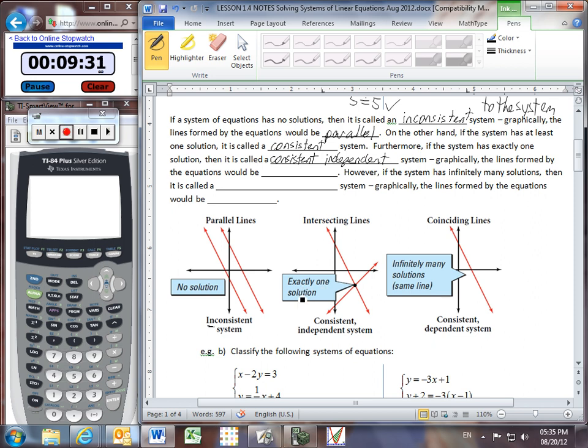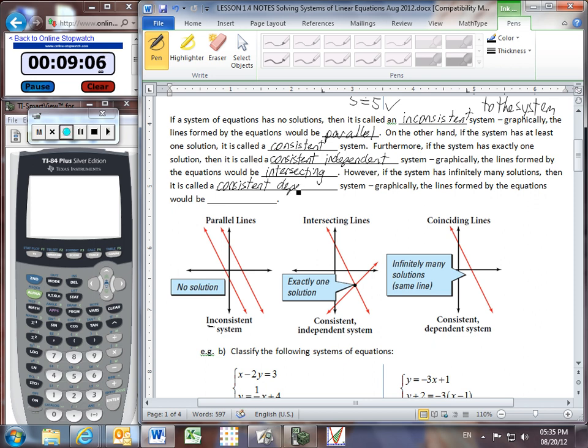And so the lines formed by the equations, we can see, are going to be intersecting. However, if the system has infinitely many solutions, then because we have at least one solution, it must be consistent. And you can probably guess what's another word opposite of independent.